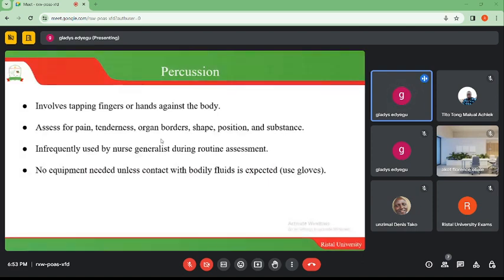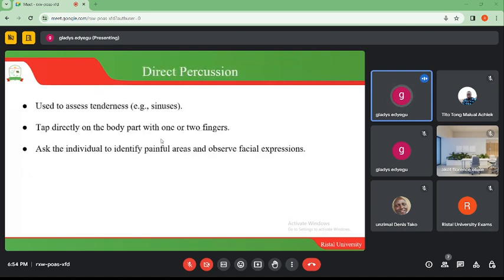And then also your knowledge, because you need to know the normal and the abnormal so that you can differentiate whether the sound you're hearing is normal or abnormal, to make you move to the next plan. So no equipment is needed, unless maybe you put on gloves if the patient has fluids around the area that you're going to percuss, to prevent contact with the body fluids of your patient.